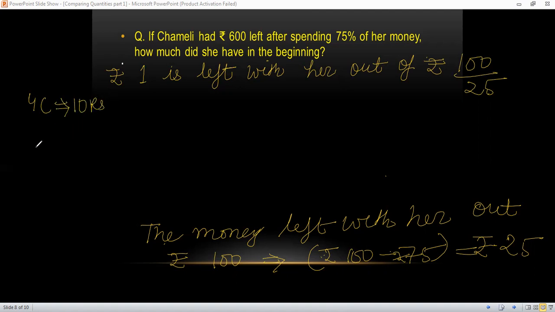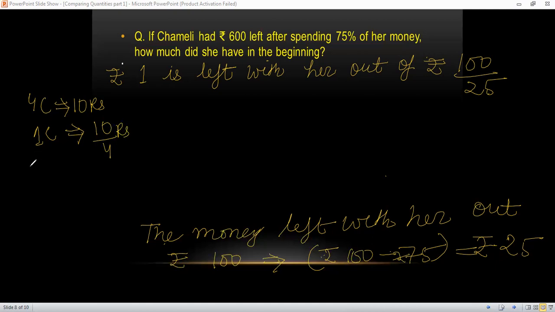Now if I ask you what will be the price of 12 chocolates, first I will convert the value for 1 chocolate. I will find the cost of 1 chocolate. That means for 1 chocolate I will divide 10 by 4 rupees.